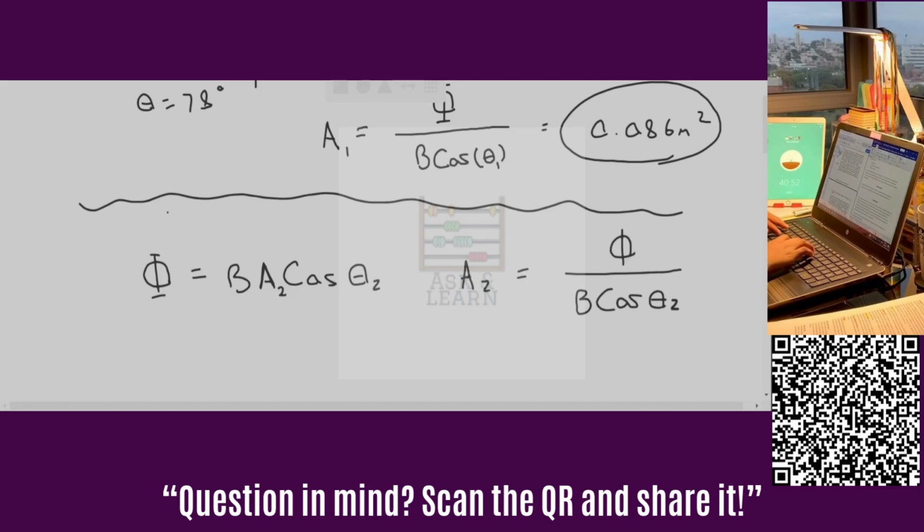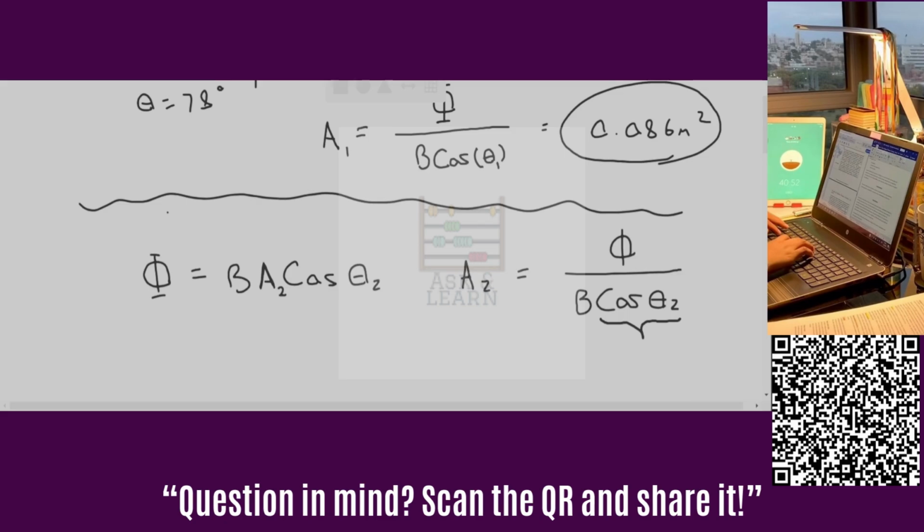Now we have to ask ourselves, how can we make this area as small as possible? We can think about it a couple of ways. The first way is mathematically. If I want to make A small, I want the cosine of theta to be as large as possible, because dividing by a bigger number makes this smaller.